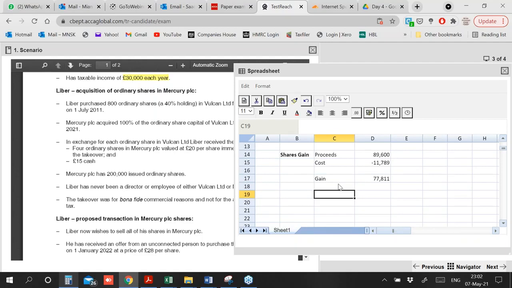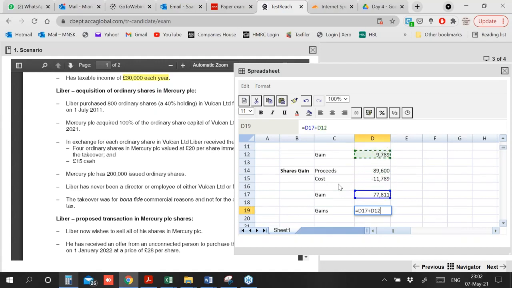So total CGT will be gains, and gains include the shares gain and the cash gain. This will be her total gains less her AEA, that is annual exemption amount, that will be 12,300.